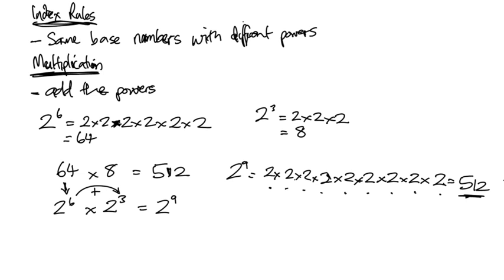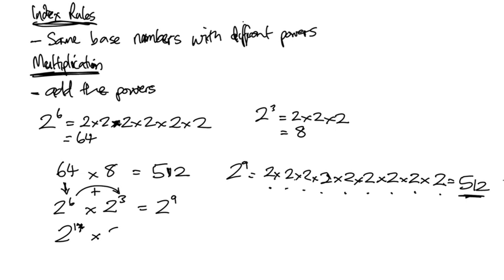Now I could go all the way through and prove to you with 2 to the power of 17 times by 2 to the power of 52. It doesn't matter. As long as the powers have the same base number, and you notice that they're timesing together, all you have to do to find the answer is write the same base number again and add the powers.